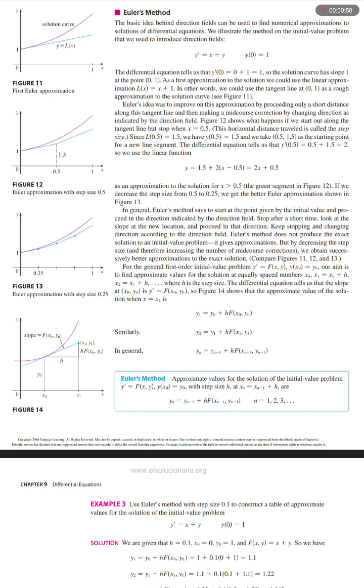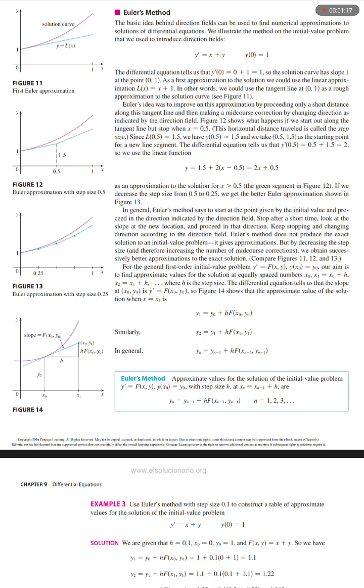So the solution curve has slope 1 at the point (0, 1). As a first approximation to the solution, we could use the linear approximation L(x) = x + 1. In other words, we could use the tangent line at (0, 1) as a rough approximation to the solution curve.